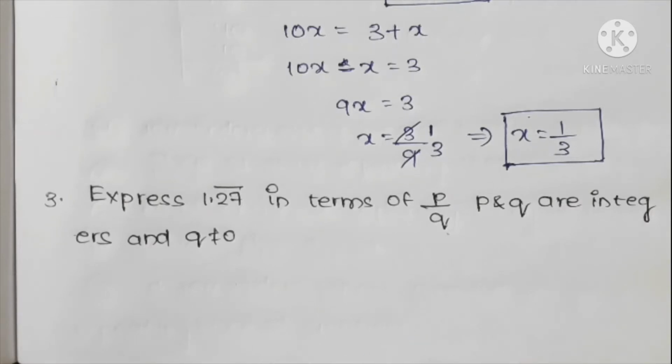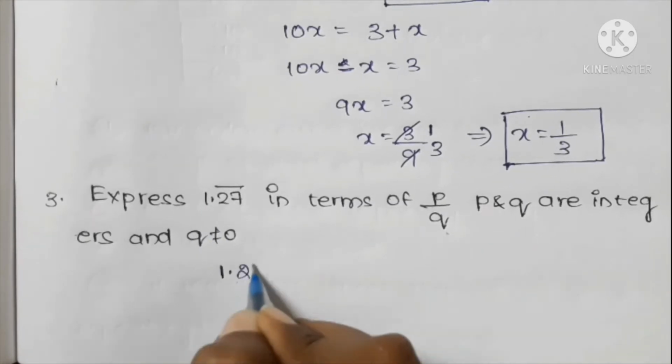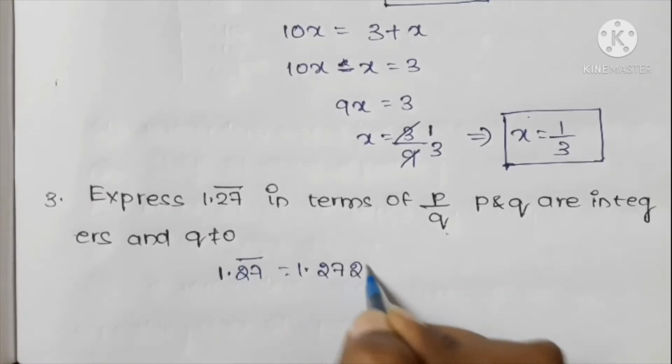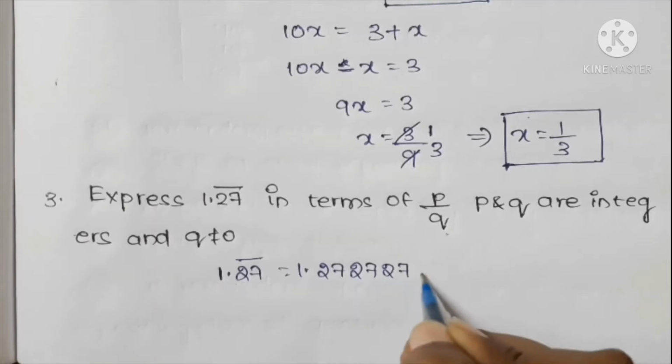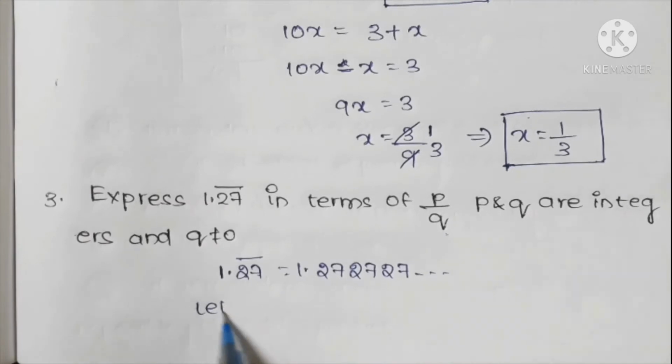Here the third question is also very similar to the second question. Given 1.27 bar, which can be written as 1.272727 and so on. Now let us assume this 1.27 bar as x.